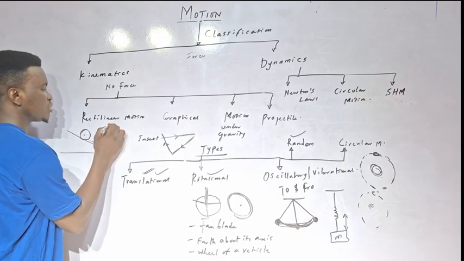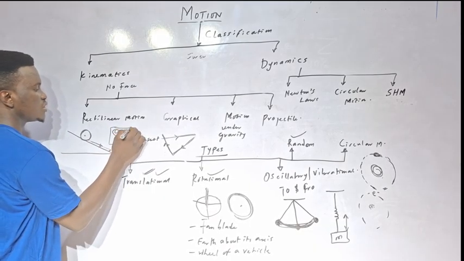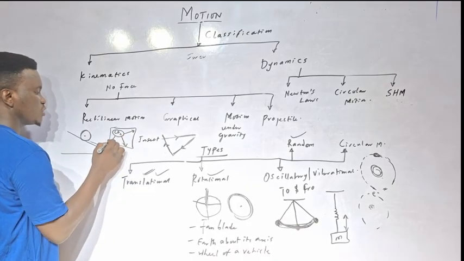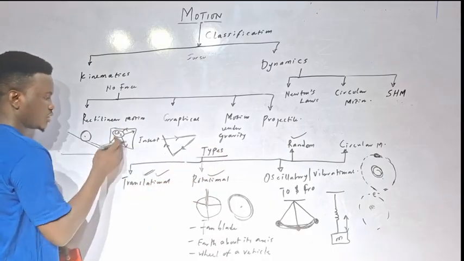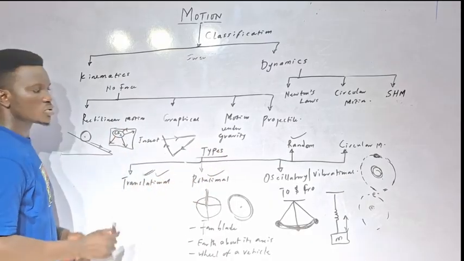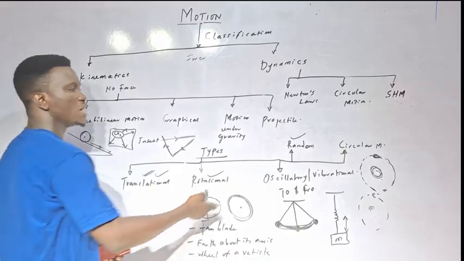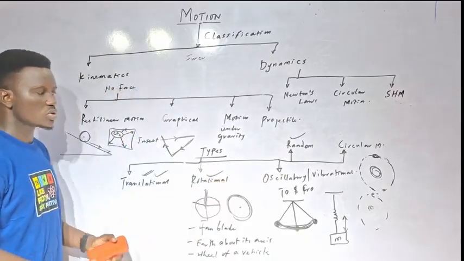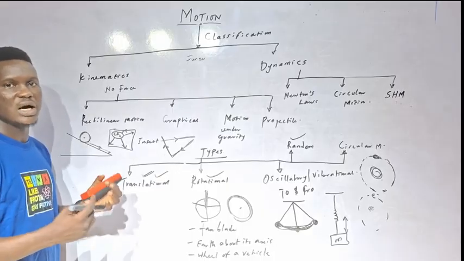Even a gas molecule, let's say CO2, moving at random in a container, is colliding with the wall and also moving along a straight line. So a gas molecule can combine both translational and random motion. You need to understand this when we start solving questions and applying them.